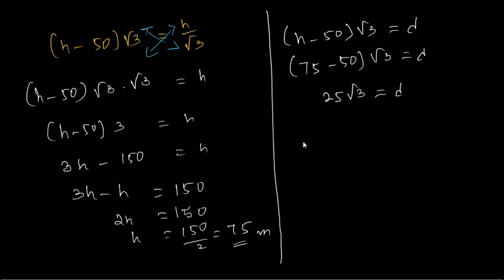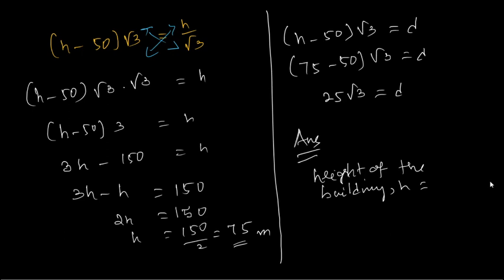Okay. So you have to present the answer neatly. Height of the tower, is it not? Not the height of the tower, the height of the building. So the height of the building, that is H, we have taken H, is equal to 75 meter. And what is the horizontal distance between the tower and the building?